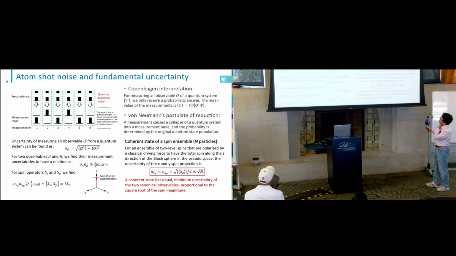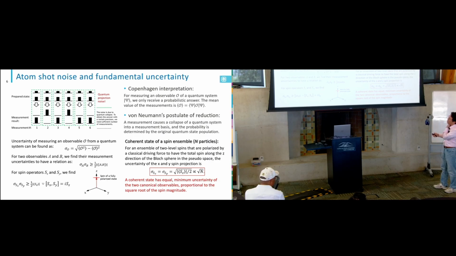Okay. And the next thing I would like to point out is the measurement. Usually for the measurement, we talk about the observable of the quantum system. An observable is usually a classical physical quantity you would like to measure. For example, spin, the momentum, or the position, or different kinds of classical quantities.